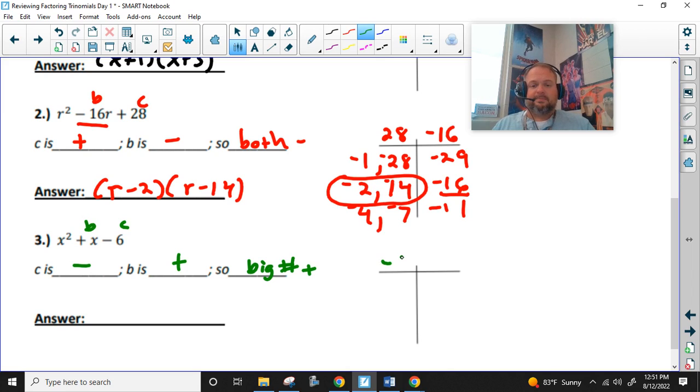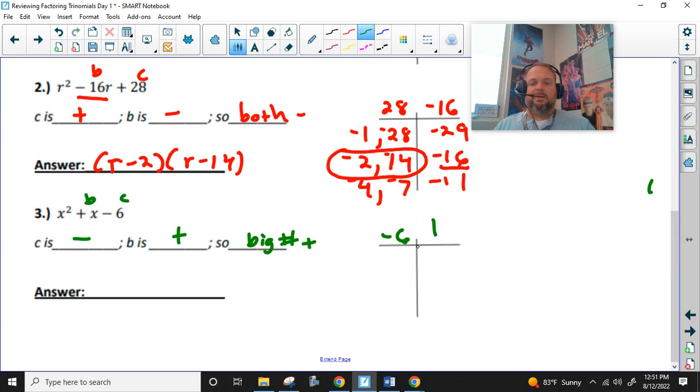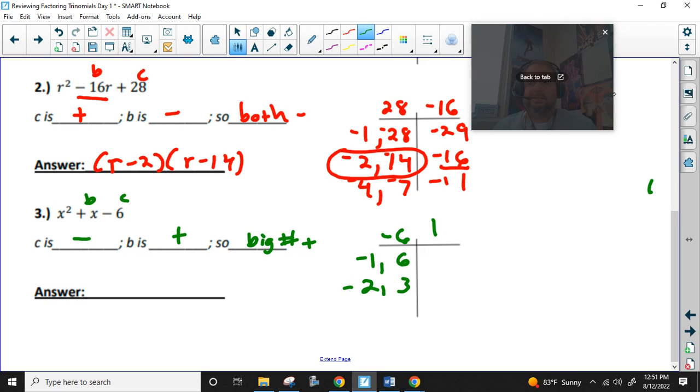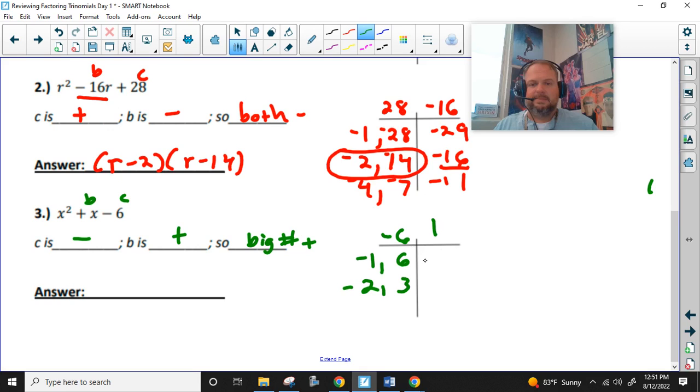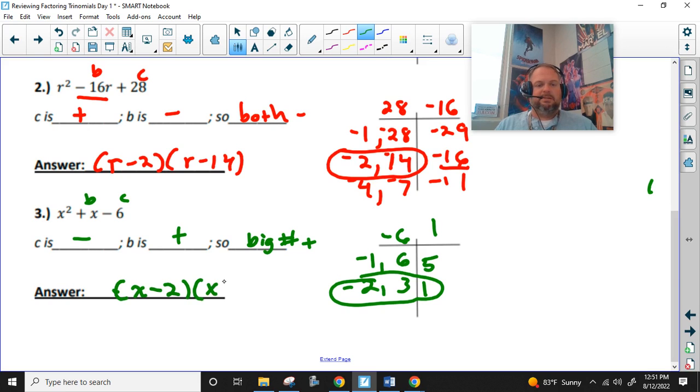Now, negative 6, positive 1. 1 and 6, 2 and 3. Our bigger number is going to be positive, so negative 1 and 6 is 5, and then negative 2 plus 3 is 1. So these are the factors we need: x minus 2, x plus 3.